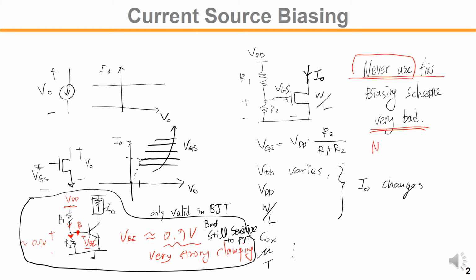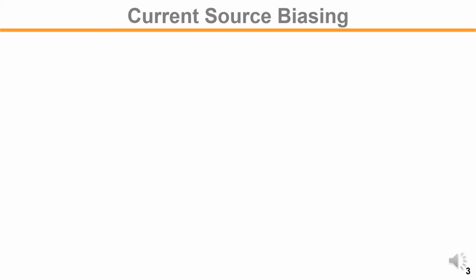Now the question is, how can we bias the transistor to make it work as a current source? Let's say we have a transistor MOS there. We need to generate the proper voltage to make sure that the current is I0, for example.